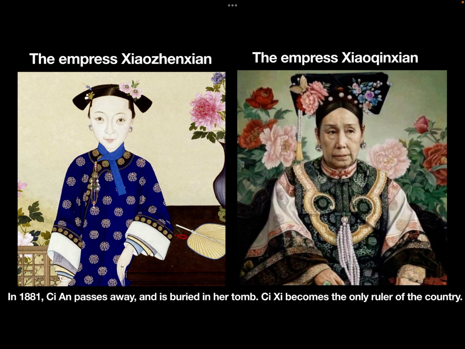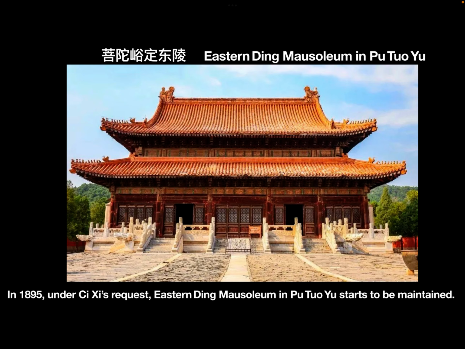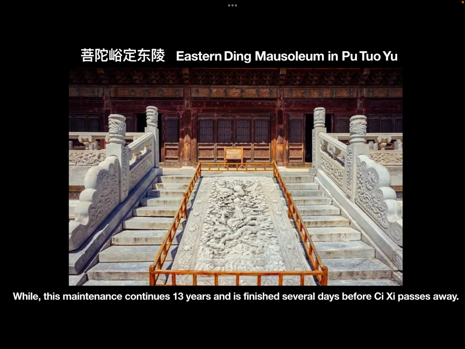In 1881, Cian passes away and is buried in her tomb. Cixi became the only ruler of the country. In 1895, at Cixi's request, Eastern Ding Mausoleum in Putuoyu starts to be renovated.